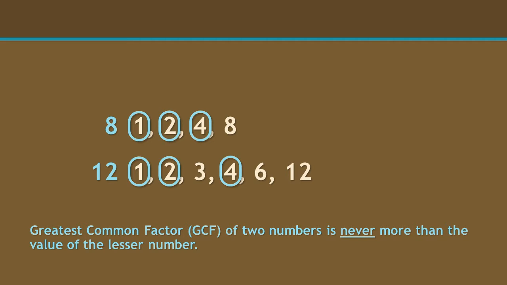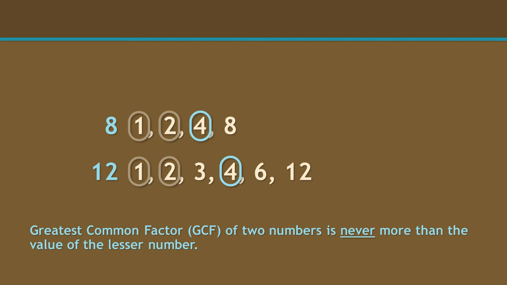Now the greatest common factor is the greatest or largest number that these two numbers have in common. And in this case, the greatest common factor is the number 4. Now, I want to point out that the greatest common factor, or the GCF, as we like to abbreviate it, of two numbers is never going to be more than the value of the lesser number.